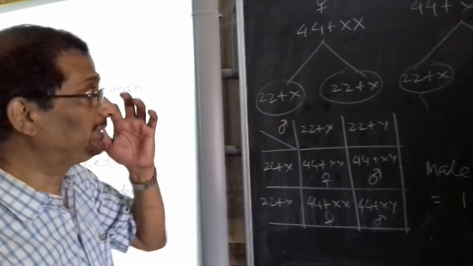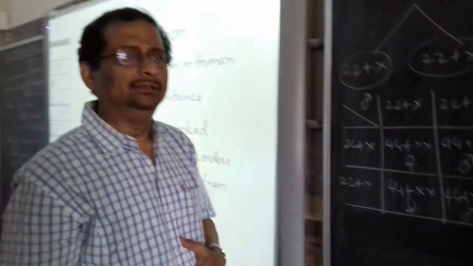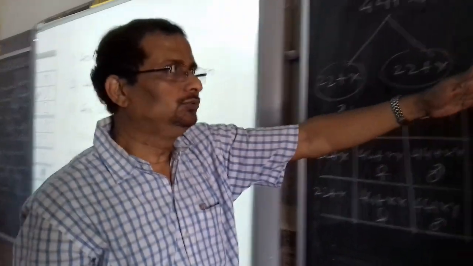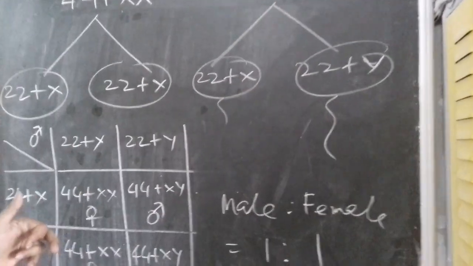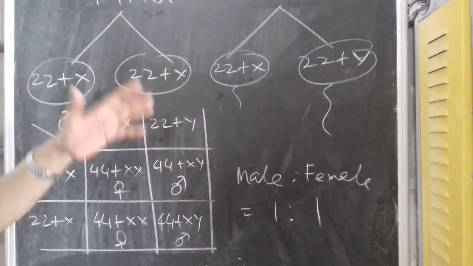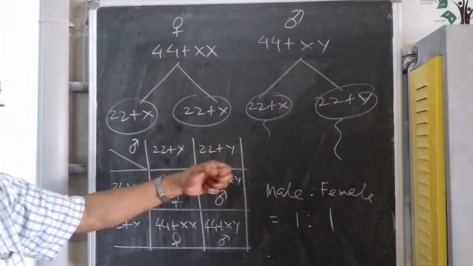One thing we can say here: who is the determinant of the male? It is the father. The one who donates the Y chromosome is responsible for the maleness. It is not the mother who is responsible for the maleness, because the mother always contributes the X chromosome.